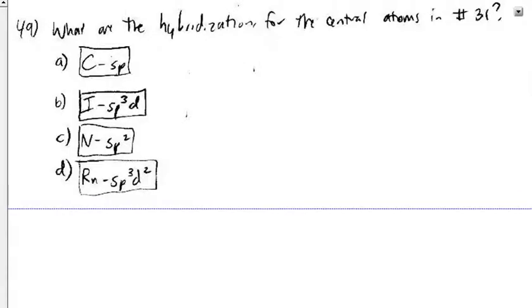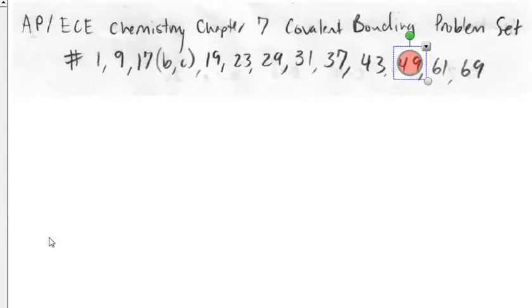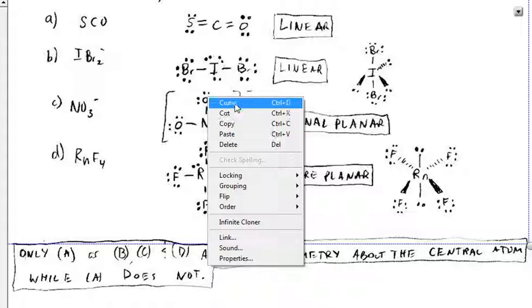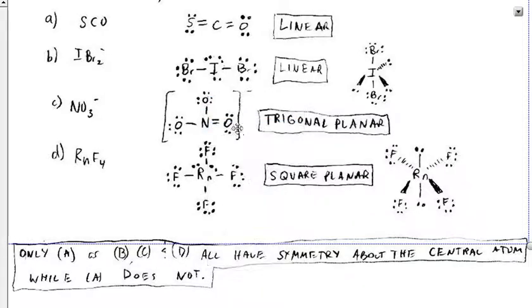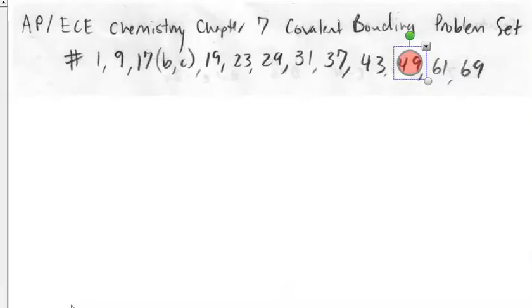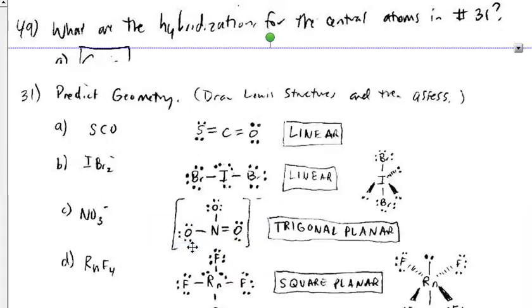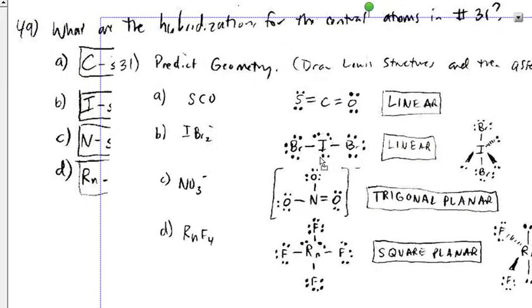Let's take a look at 49. For question 49, you're asked what the hybridization is for the atoms in number 31. So for this one, gotta take a look back at the structures here for 31.